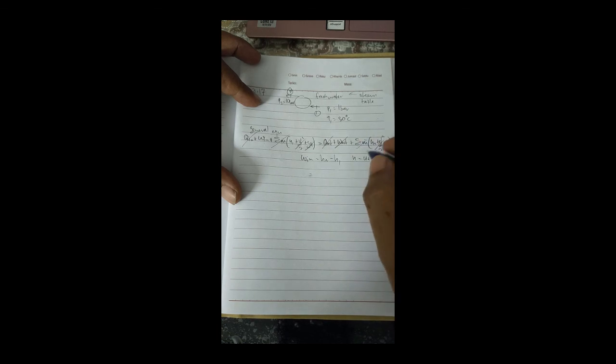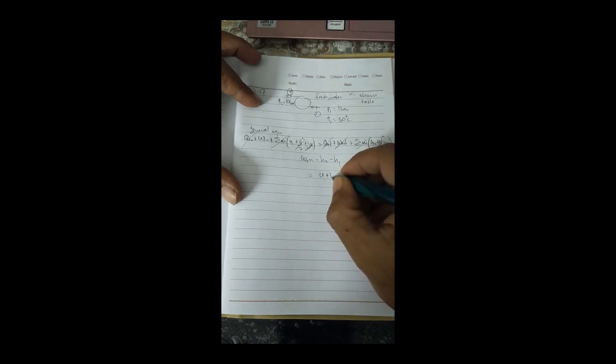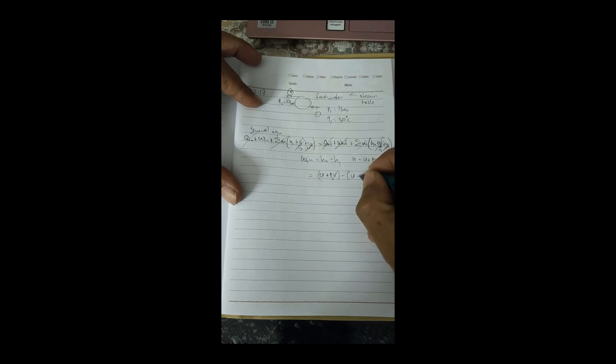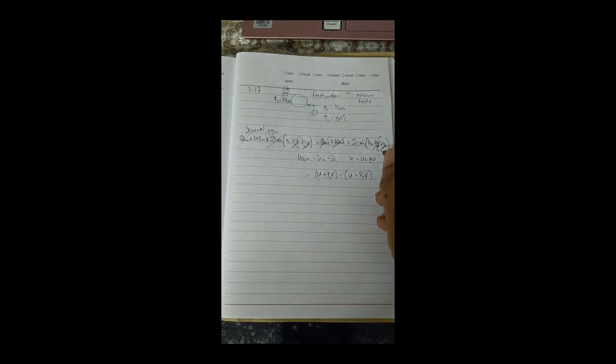H2 minus H1 is U plus P2 V minus U plus P1 V, as the pump is a constant volume.